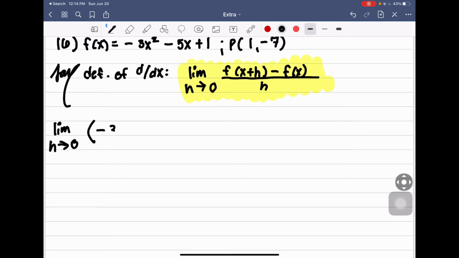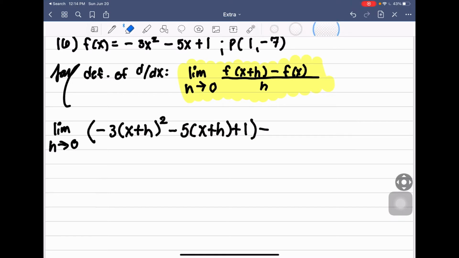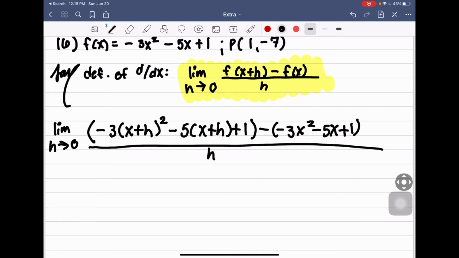So negative 3 times (x plus h) squared minus 5 times (x plus h) plus 1. And we're going to continue that minus, and then this next part is just simply f of x, which is what we have right here. So we're going to do negative 3x squared minus 5x plus 1 all over h.